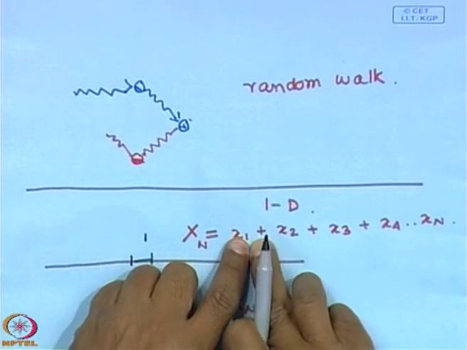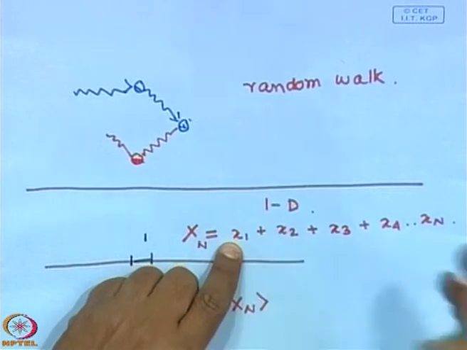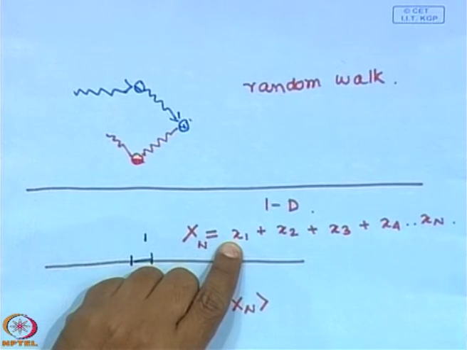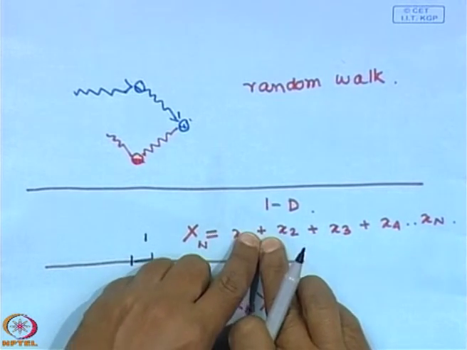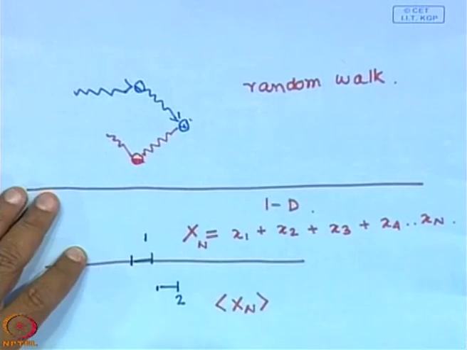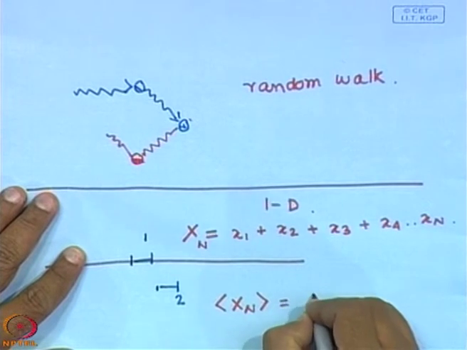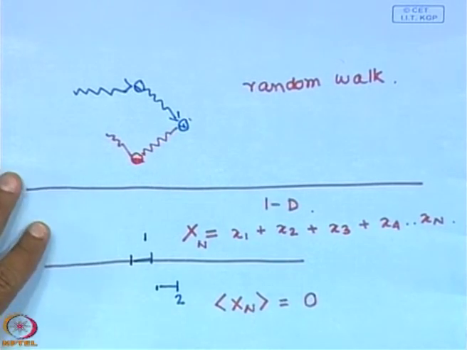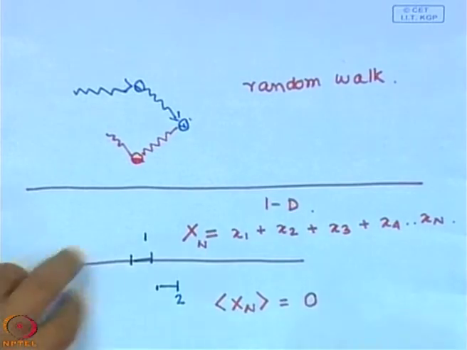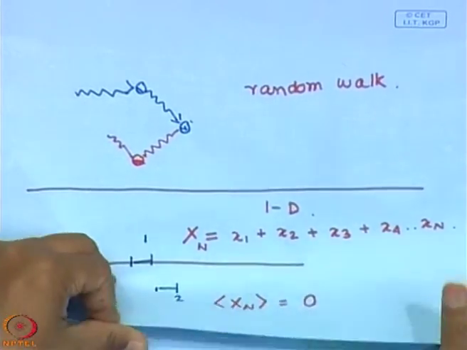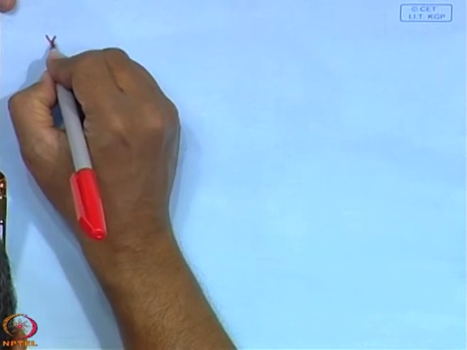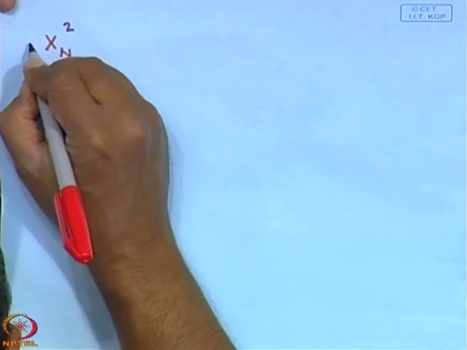Now, each of these are random numbers with equal probability of being positive or negative, so the average of x1, average of x2 are all 0. So, the mean position displacement is 0. But if you ask the question, what is the mean square displacement? Let us look at xn squared.